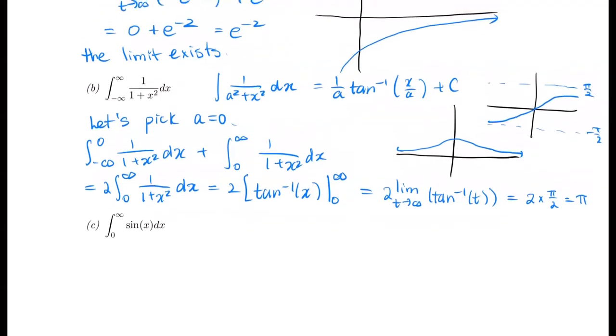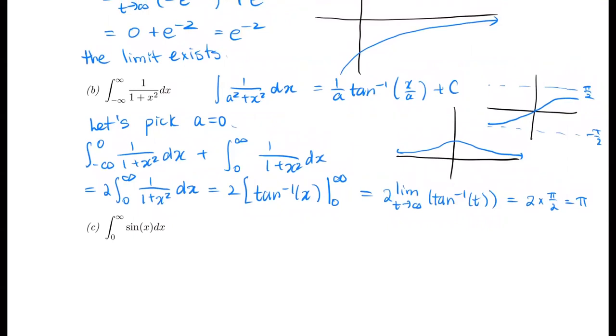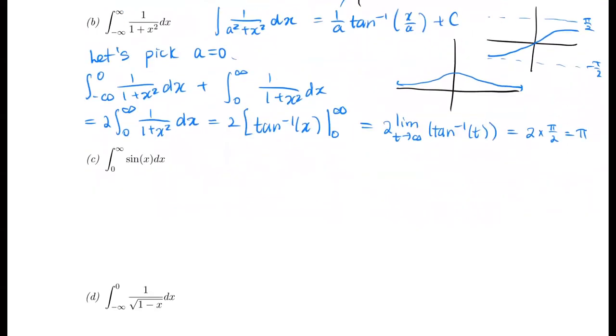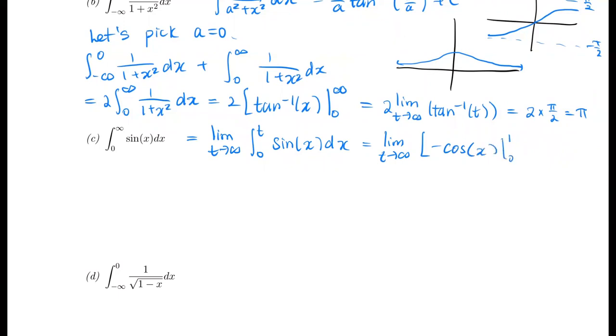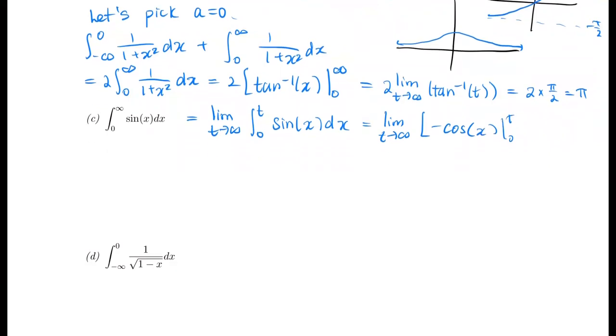Okay, so let's have a look at the third one, where we have sine of x, the integral from 0 to infinity of sine of x. The integral simply becomes the limit as t approaches infinity of the integral from 0 to t of sine x dx, which becomes the limit as t approaches infinity of negative cos x evaluated from 0 to t.